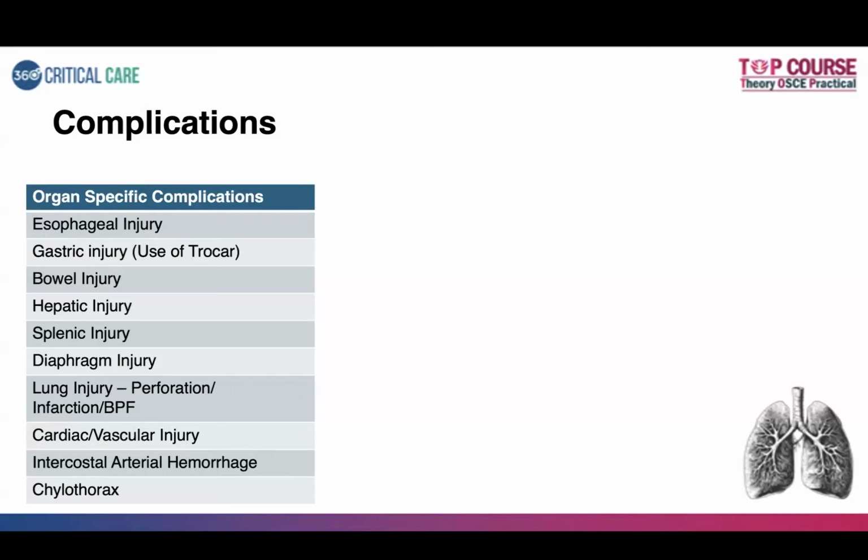Especially with left-sided thoracostomy tube drains, there is an increased risk of cardiac or vascular injuries. There can be intercostal arterial hemorrhage or chylothorax, especially with left-sided tube insertions. So that all needs to be looked into.